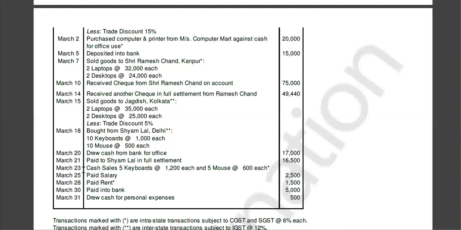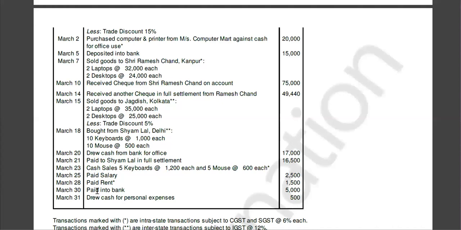March 23, cash sales, 5 keyboards 1,200 each and 5 mouse 600 each. Cash sales means cash book. March 25, paid salary, cash book. March 28, paid rent, cash book.